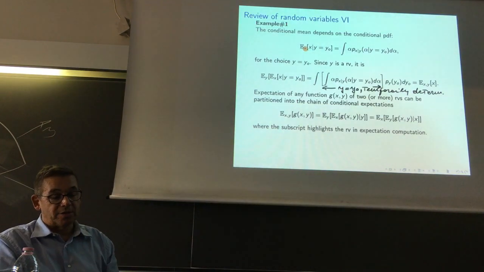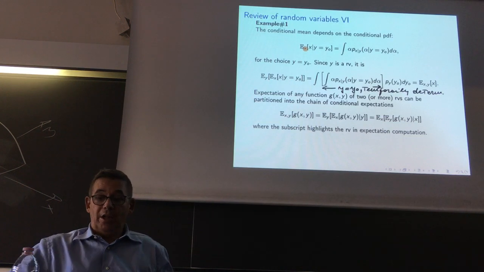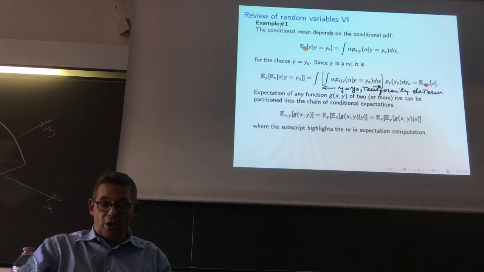In formula, this means I take the inner part, where y equals y0 and is temporarily deterministic. But then I give back the random property to y, and compute the expectation with respect to y. This method is a very convenient way to calculate the mean with respect to x and y of whatever function.